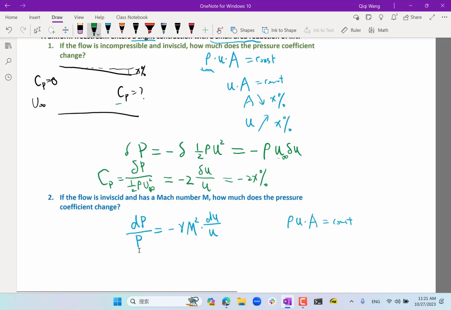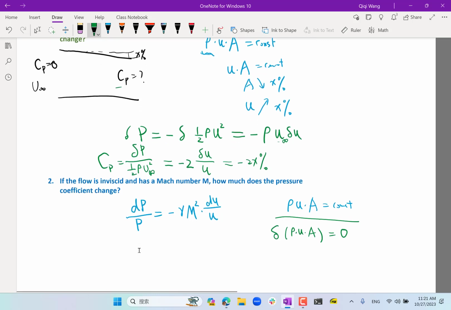First of all, this constant equation can be written as a small delta of rho times u times A equal to 0. And let's be consistent and use that small delta to represent the difference between downstream and upstream, which has rho infinity, u infinity, and the unchanged original area.